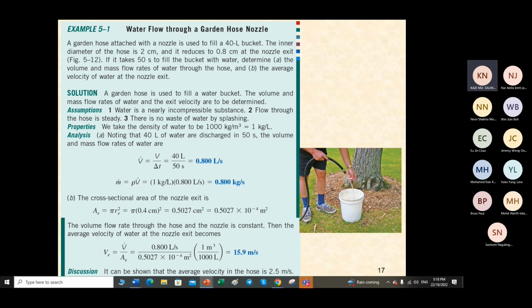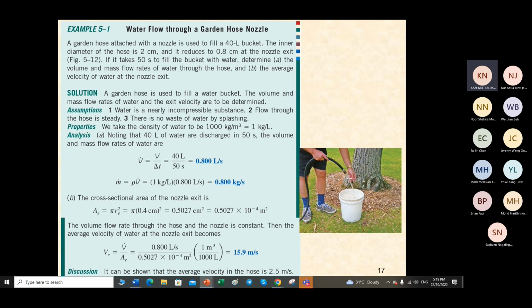Going further, the cross-sectional area of the nozzle and the hose pipe are different. If we know the cross-sectional area of the hose, 2 cm, pi d squared by 4, from there we can calculate the velocity through the hose. Through the nozzle, if the area reduces, then the velocity will increase.